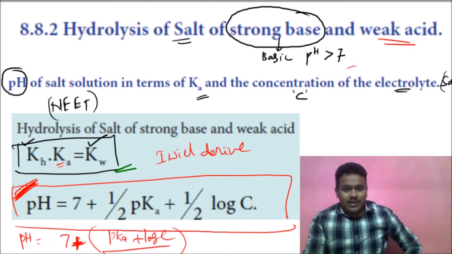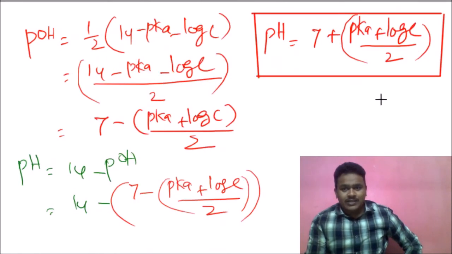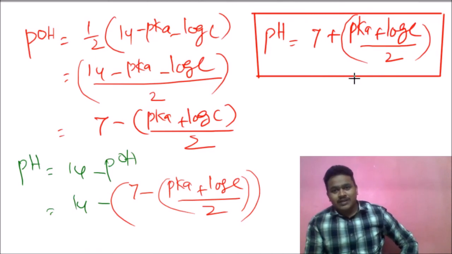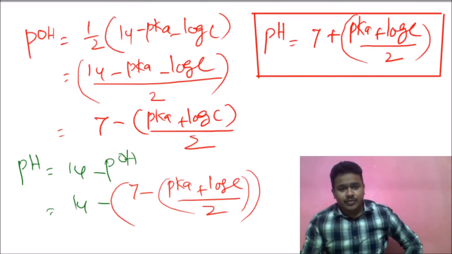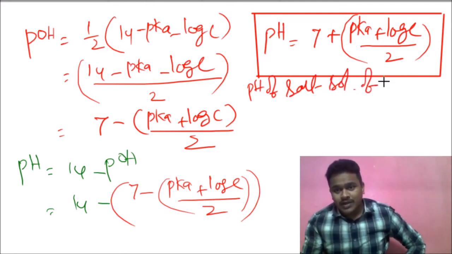This is what we derived initially. Here, this is what pH, 7 plus pKa plus log C by 2. This is what we derived, the pH of the salt solution of strong base and weak acid.